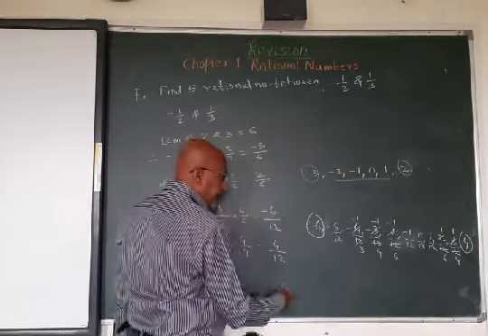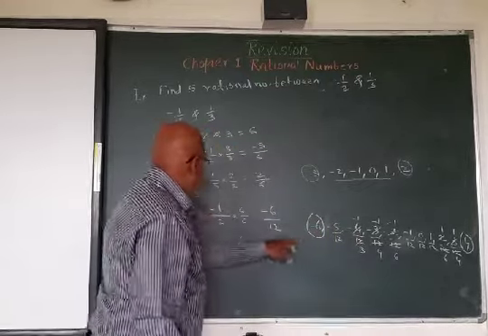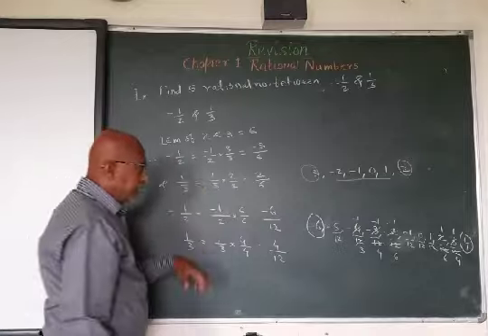So how many numbers have we got in between? Minus 6 upon 12 is nothing but minus 1 by 2.